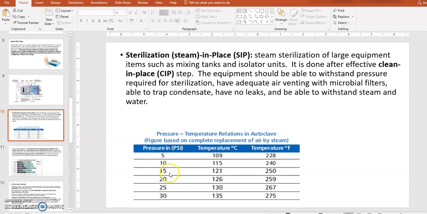What it's showing is that if you pressurize the chamber in the autoclave, you get a higher heat effect. As the pressure goes up, since the steam vapor is pressurized, you get a higher heat effect.